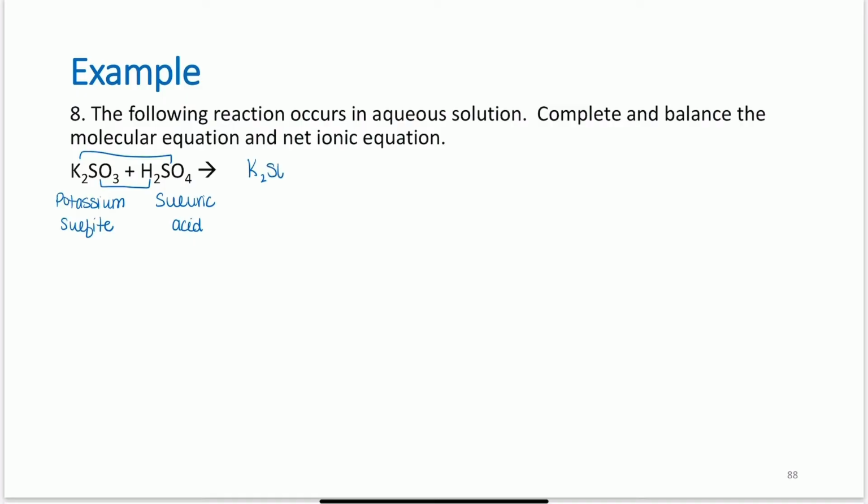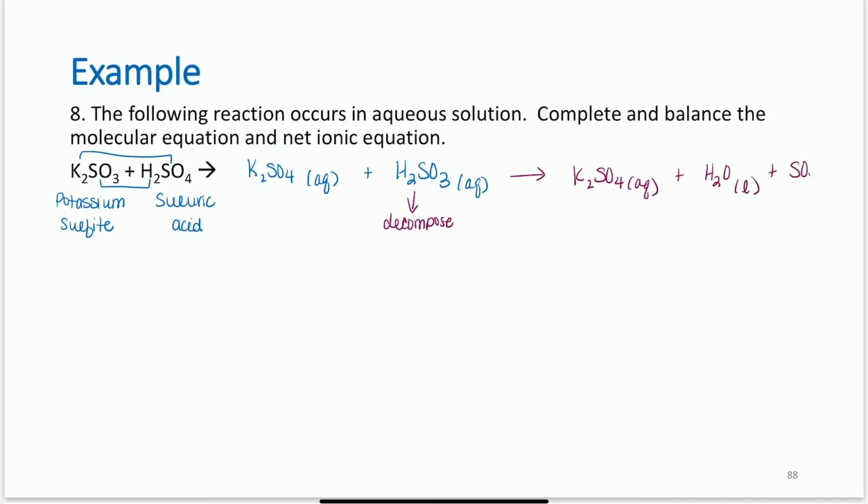So K2SO4, which is aqueous, and H2SO3, which is also aqueous, but will decompose. Remember, this is one of your gas reactions. So this will actually form K2SO4, but the H2SO3 will break down into H2O and SO2 gas, which will be released.